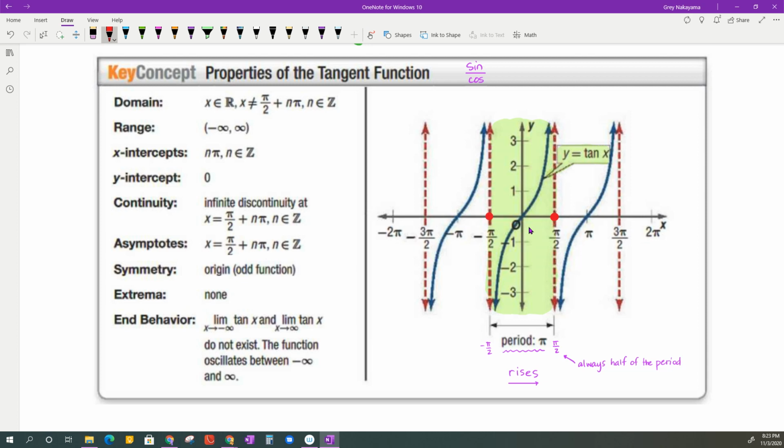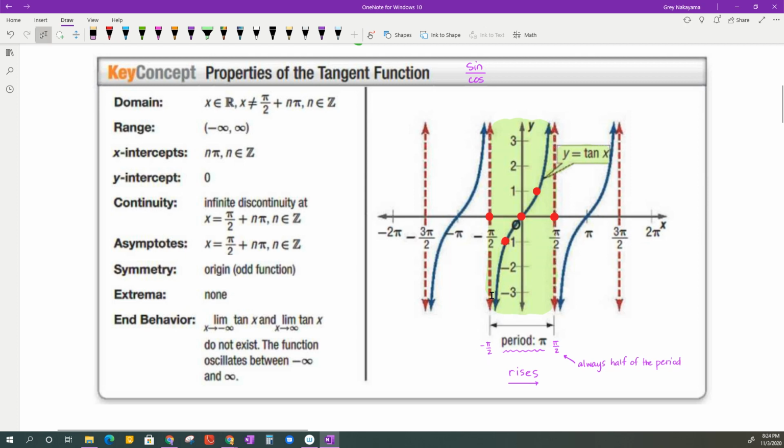The opposite number on the other side of 0 is the other asymptote. Halfway between the asymptotes is a 0, and then halfway between a 0 and an asymptote to the right, I go up 1, and halfway to the left, I go down 1.